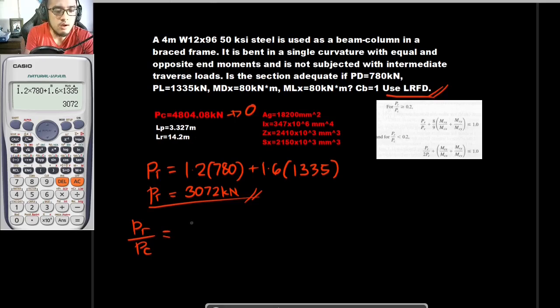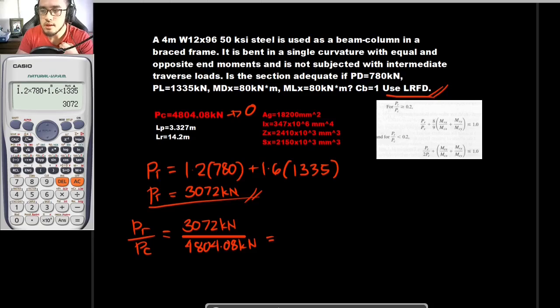PR, that is to be 3072 kilonewtons divided by 4804.08 kilonewtons, and our answer here would be 0.639.